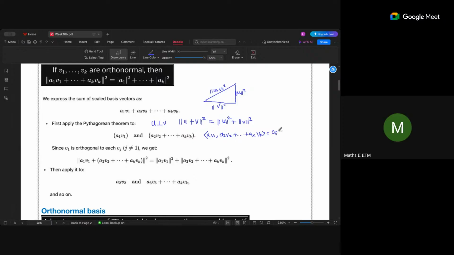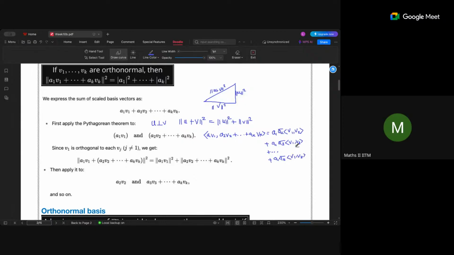So this is a1 inner product v1 v2, so a1 a2 bar inner product v1 v2, plus a1 a3 bar inner product v1 v3, and so on up to a1 ak bar inner product v1 vk, right?